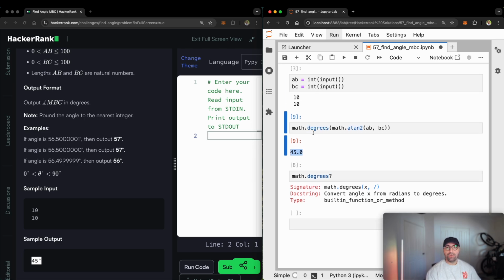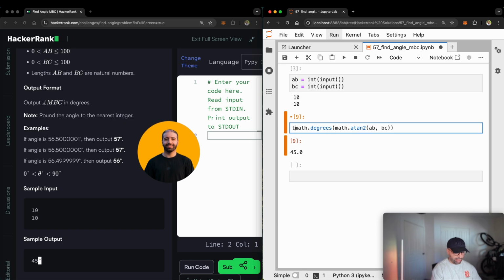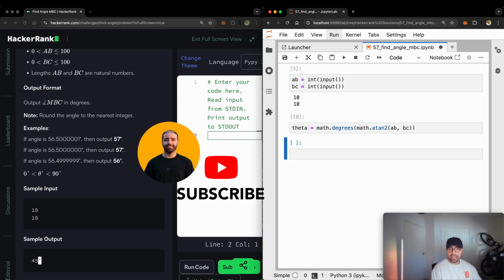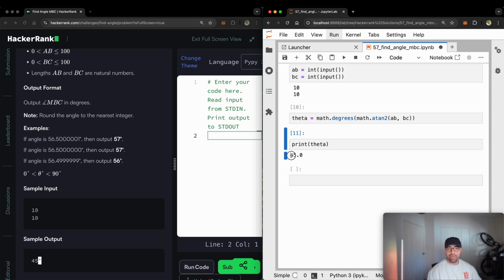I just now need to tweak the output, because the output is expected to have that Unicode degrees small circle, but my output doesn't have that. Let me delete this one and maybe call this theta so that I can print theta, and you can see that it's 45. All I need to do right now is to work on the formatting of the output.